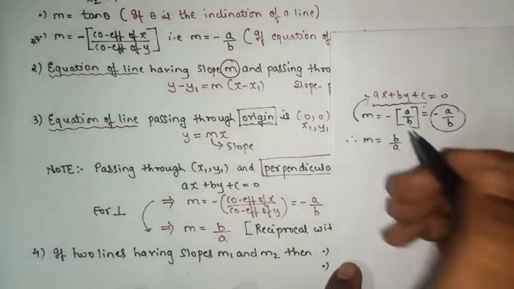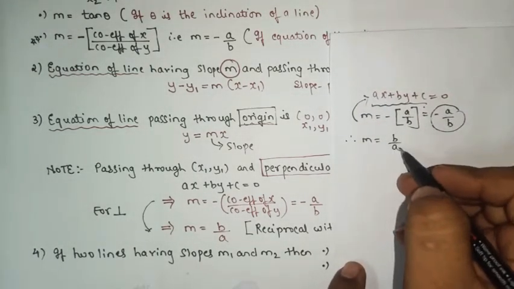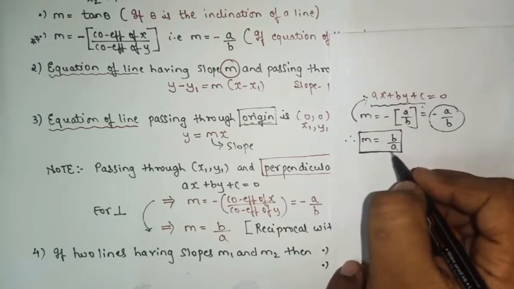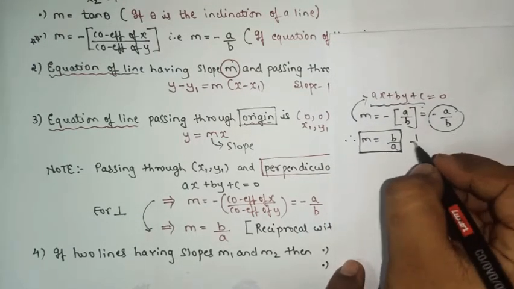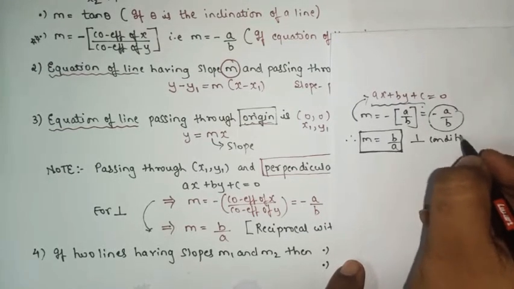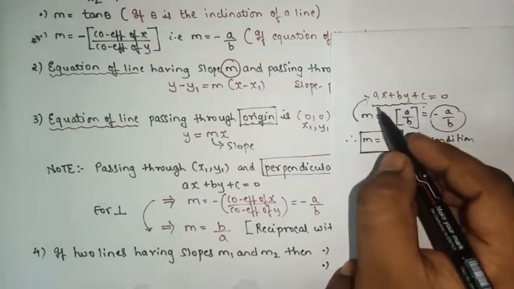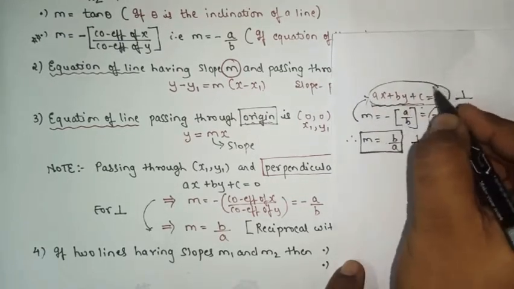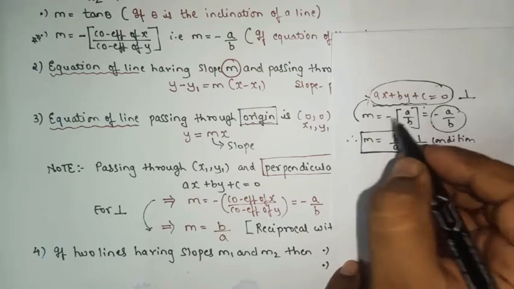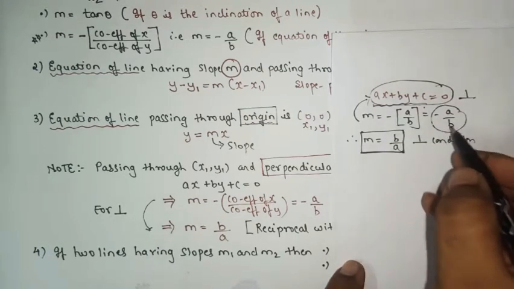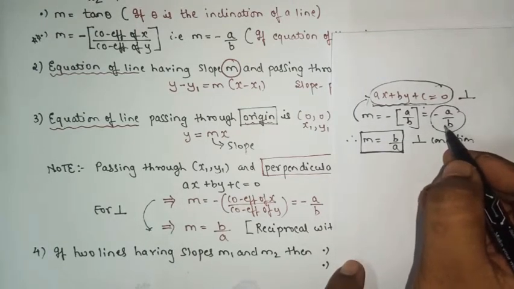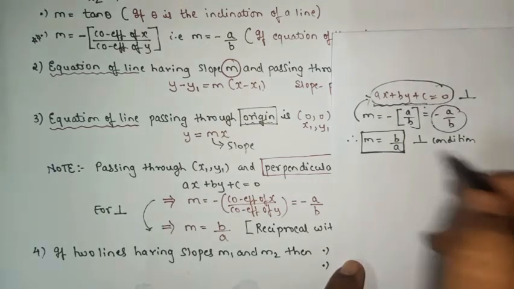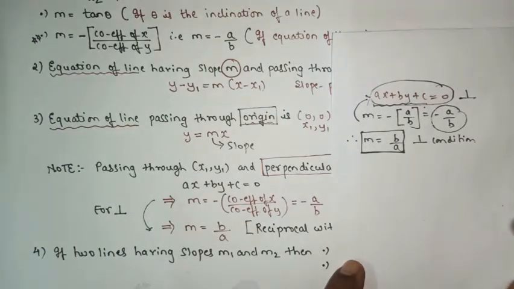The slope we now get is for the perpendicular condition. So whenever the word perpendicular to the given line comes, first you find the slope, then take the reciprocal with the opposite symbol. That slope is actually for the perpendicular condition.